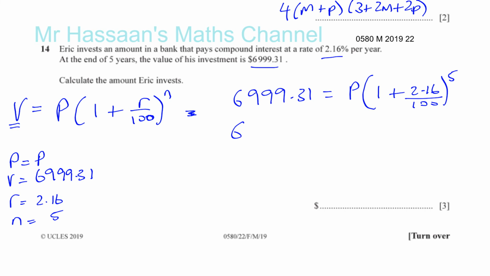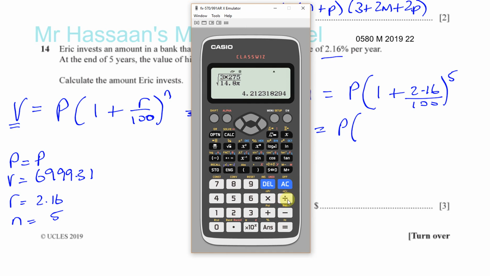So you have 6,999.31 is equal to P times, so we're going to find out what this equals, in the bracket 1 plus 2.16 over 100, to the power of 5. That gives us 1.112767.